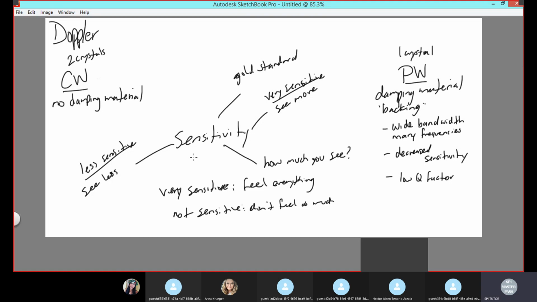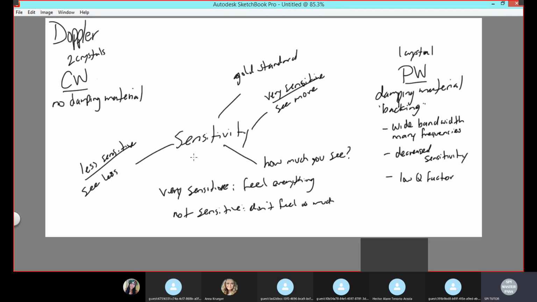Then you ask yourself, how do I see more? What settings do I need to change to see more? We'll go through gains and scale and I will teach you how you turn up your gain or down your gain and which one will let you see more and which one will let you see less. But it's very important to recognize, the problem right now is that I'm not seeing enough.